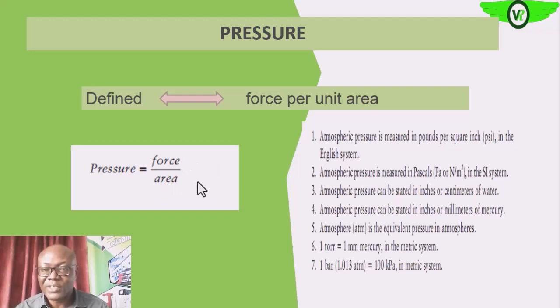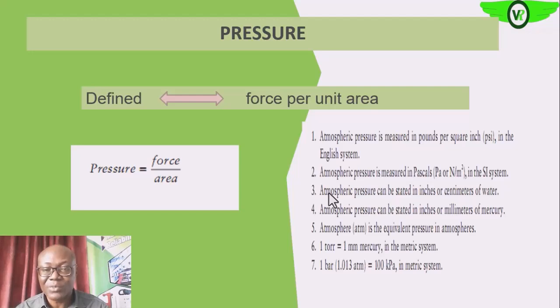Then we have the inch or centimeter of mercury, or millimeters of mercury, millimeters of water. Then we have the atmospheric pressure, ATM. Then we have the torr, and also the bar, which is about 1.013 ATM.